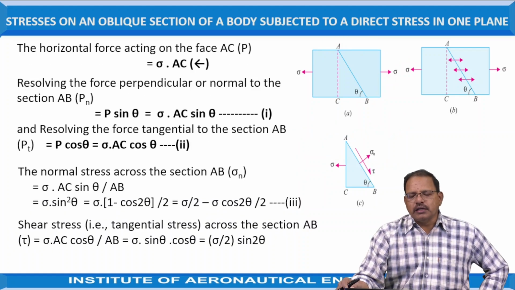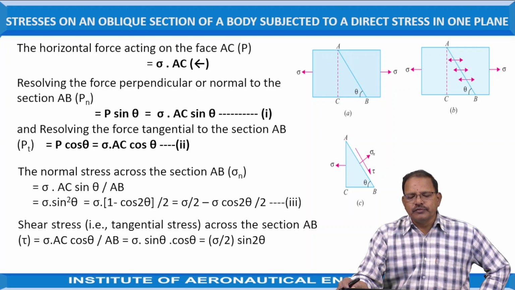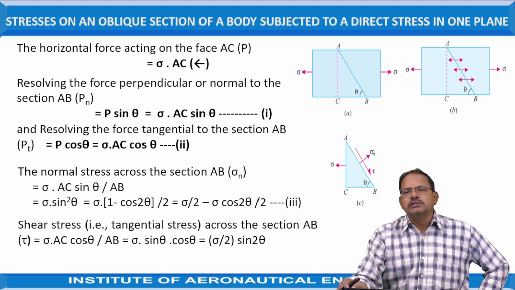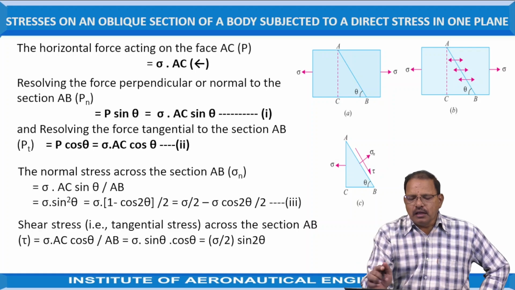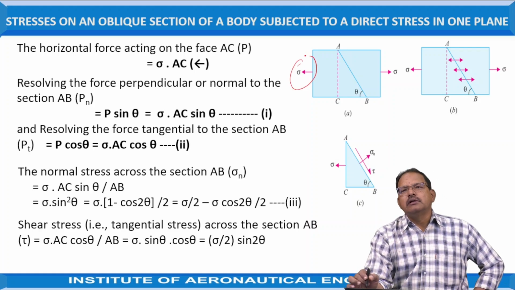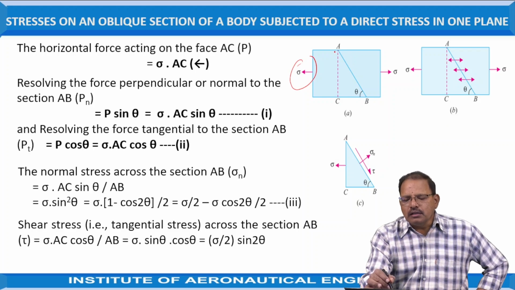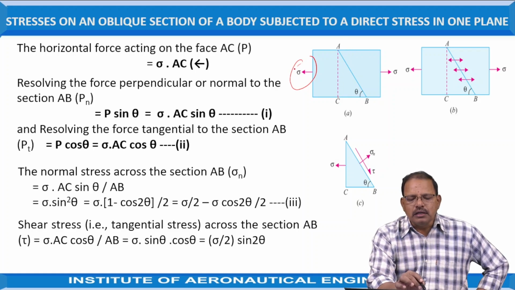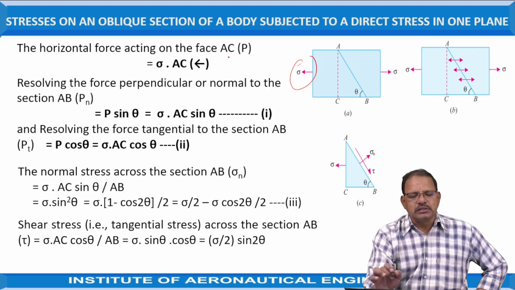The horizontal force acting on face AC is stress multiplied by area, where the area is AC into thickness, taken as unity. It can be written as sigma into AC.